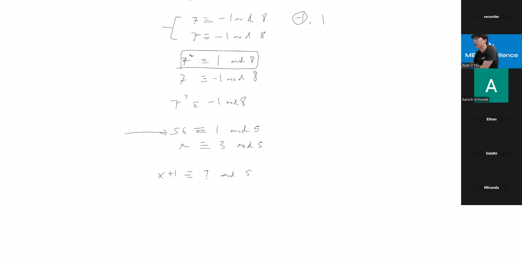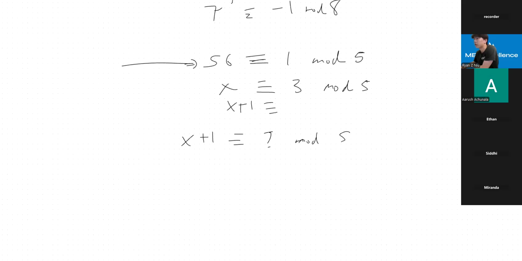We don't need this, but you can add them together, and it would get you the same answer. Really, we just want this. If we add one to both sides of the equation, it's just going to give us this, and so we're done.